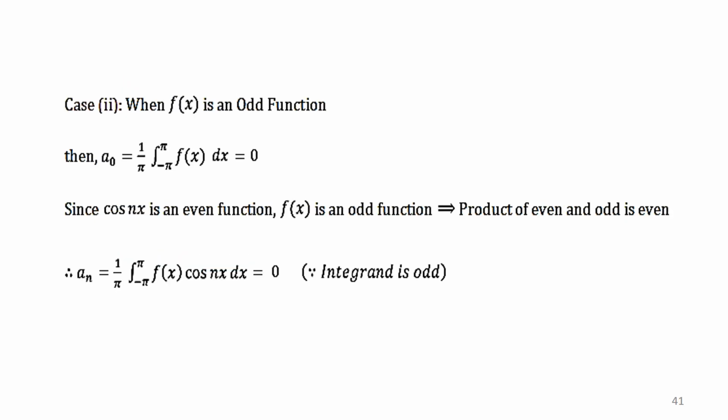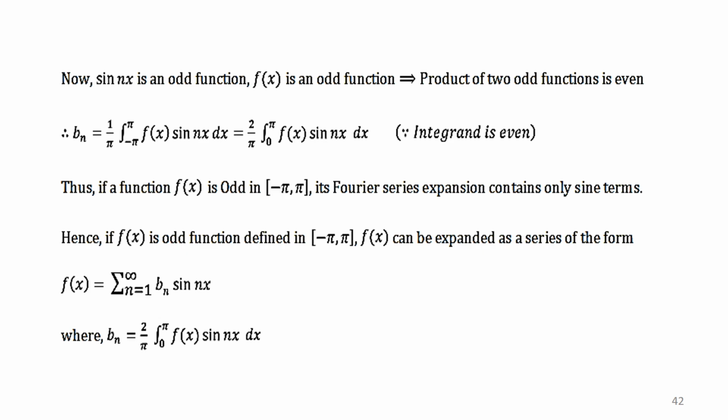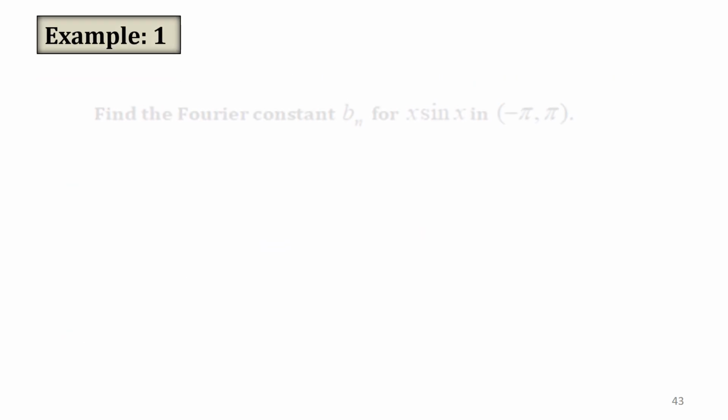And if it is an odd function, a naught and a n become 0, and just b n would be there, which is 2 by pi, integral 0 to pi of f of x sin nx dx.